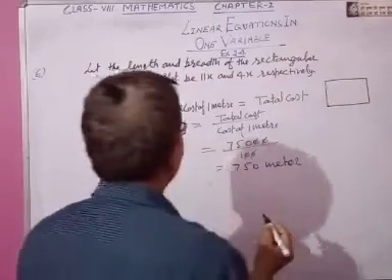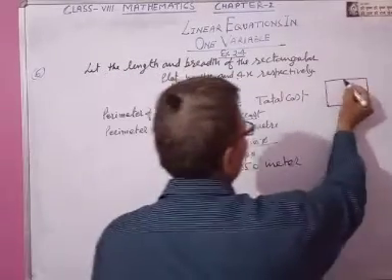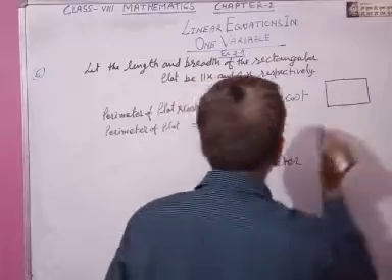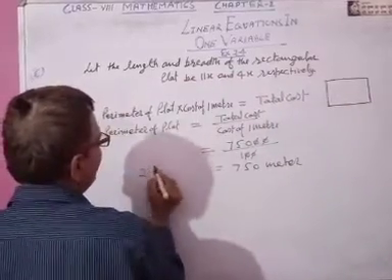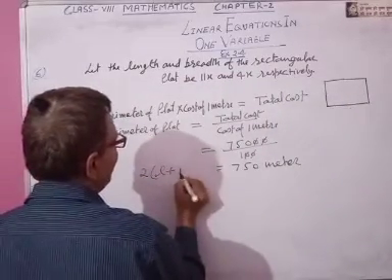Perimeter we can write as 2 times length and 2 times breadth. So perimeter is 2 into (length plus breadth).